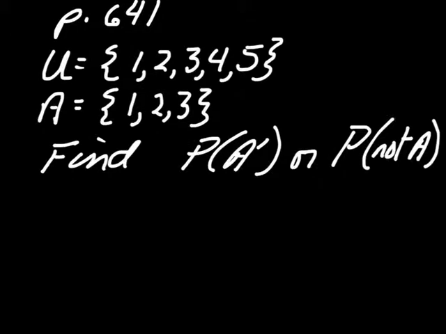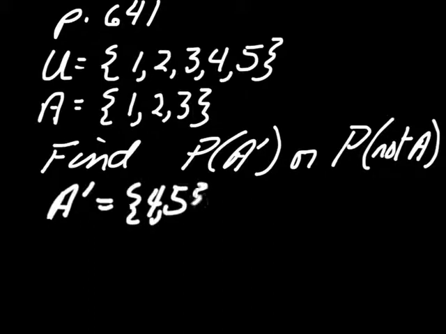So here's a real simple example to illustrate the formula. Suppose in set theory I have a universal set consisting of the numbers 1, 2, 3, 4, 5, and I have set A, which is 1, 2, 3. If I want to find the probability of not A, or the probability of a complement, then with set theory I'd say A complement is the elements 4 and 5.